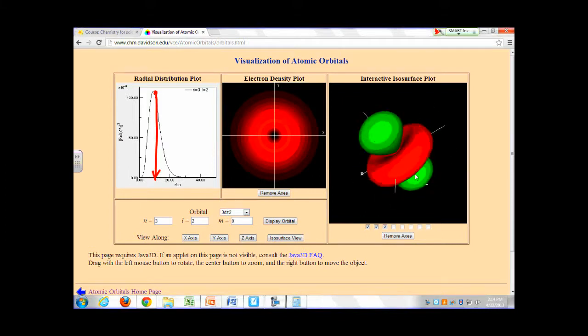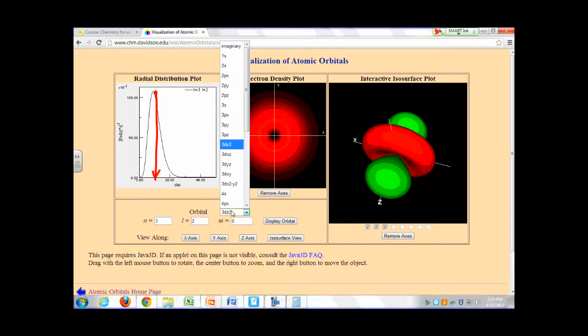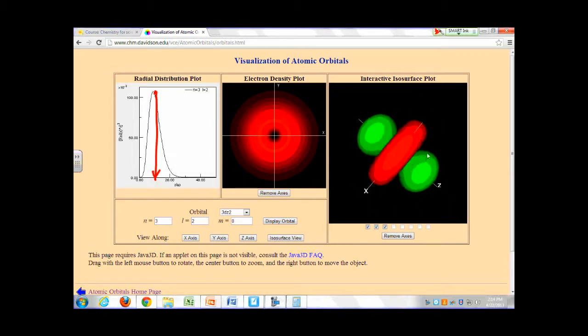3d orbitals tend to be described by, well, a 3d with m equals 0 right here. You have what's called a 3dz squared orbital. 3d0 is also called 3dz squared. Think of it as two lobes and a donut on the xy plane.